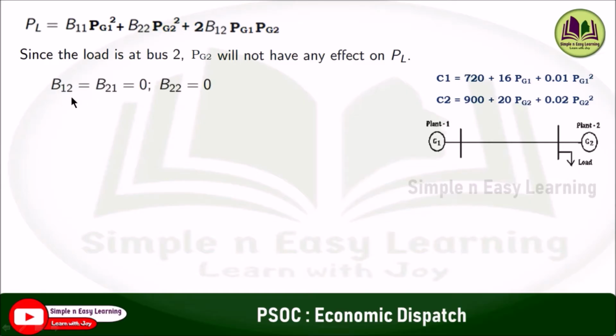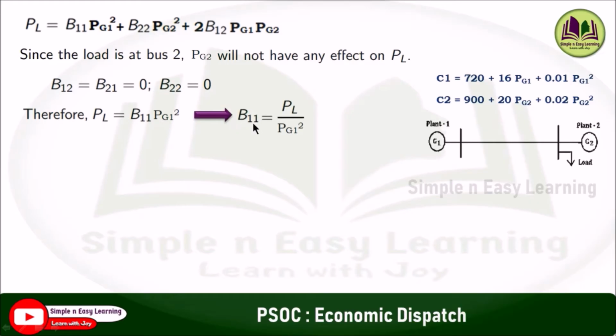So B12 and B21 will be equal to 0, since B12 is the loss coefficient from plant 1 to plant 2. Also B22 is equal to 0. Therefore the above formula is reduced to PL equal to B11 PG1 square.